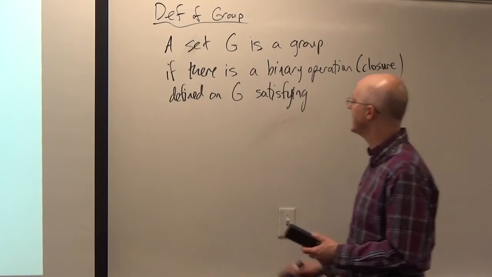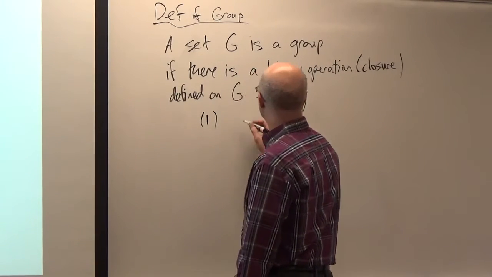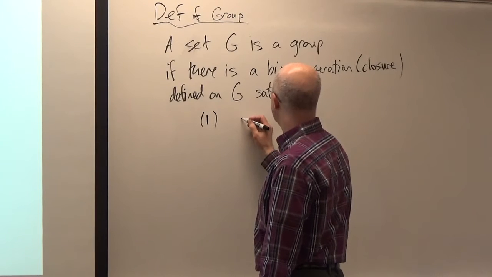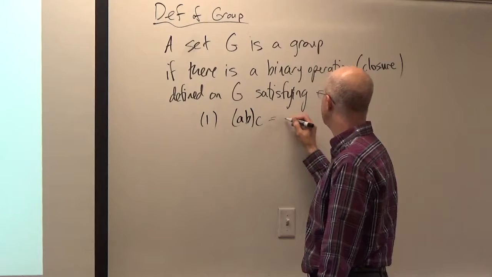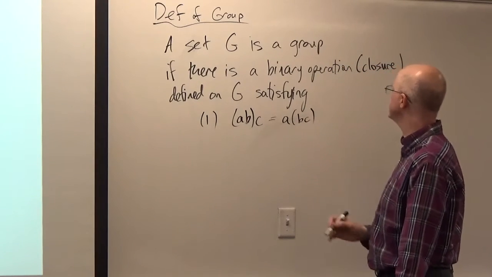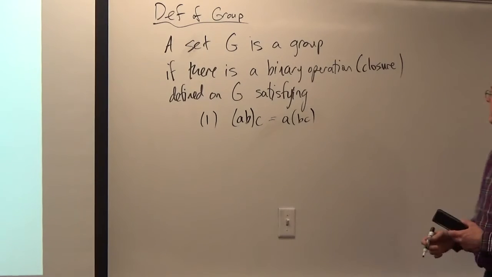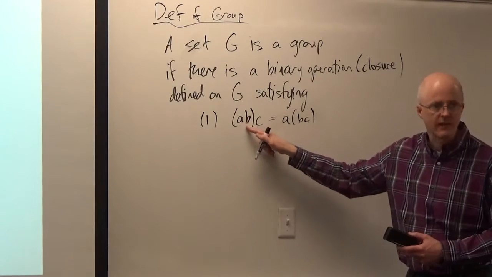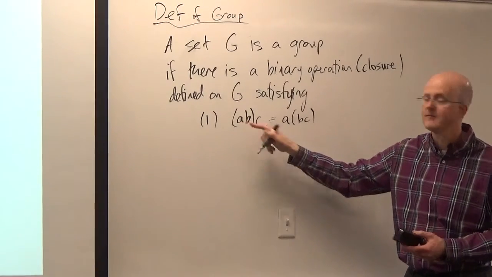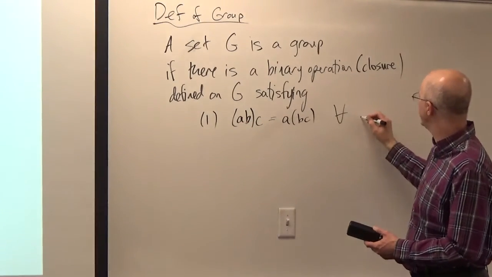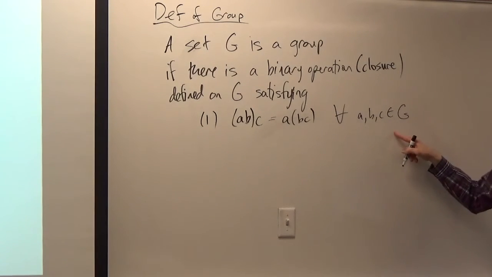Defined on G satisfying three properties after that point. The associative law, so you could write (AB)C equals A(BC), and it is assumed in this notation that the output of the binary operation is putting the letters next to each other that represent the group elements. That's assumed. You should add for all A, B, and C in G. That does need to be there for full credit.